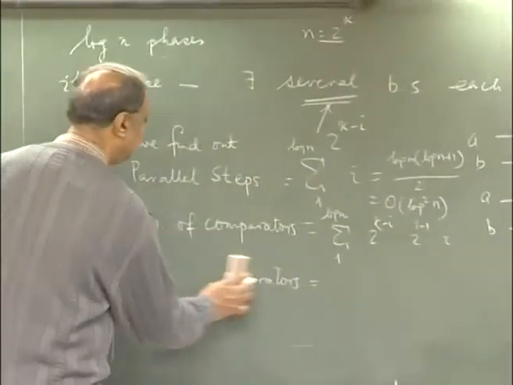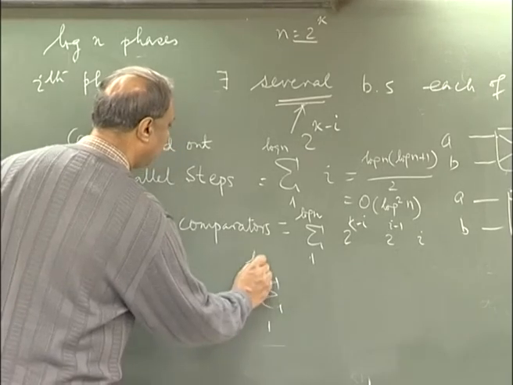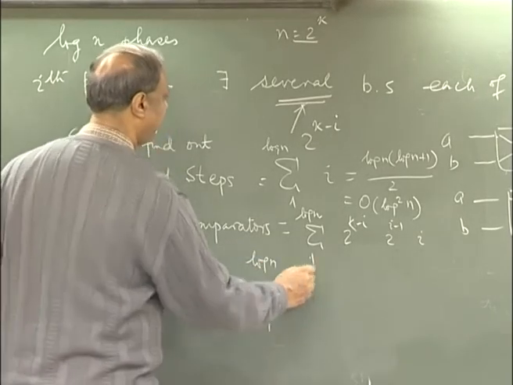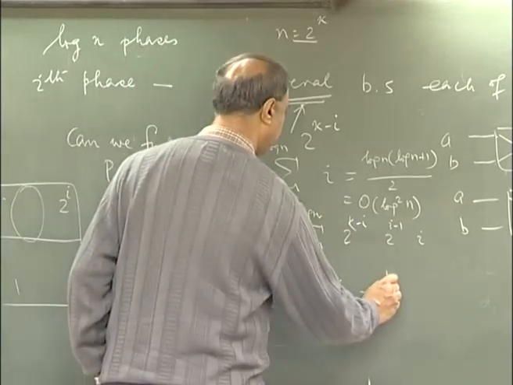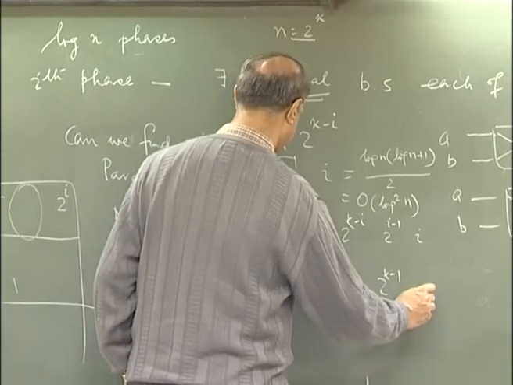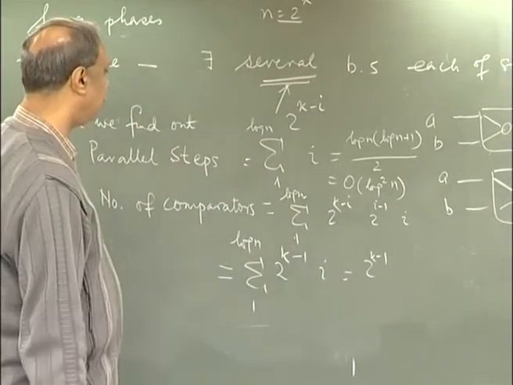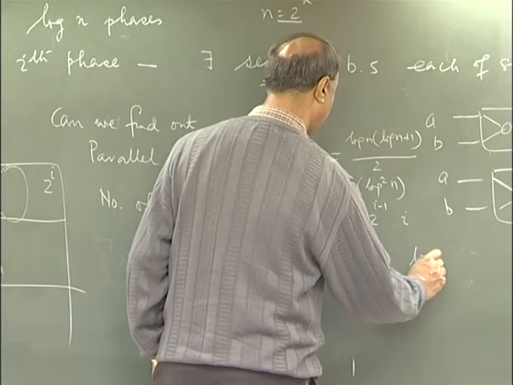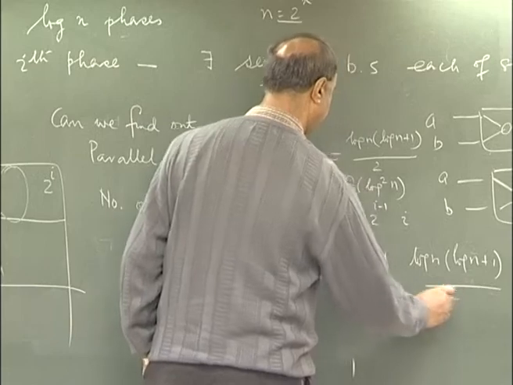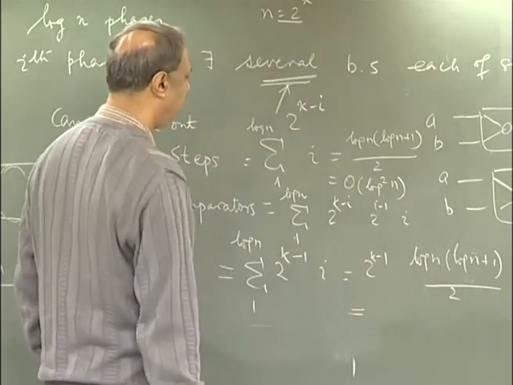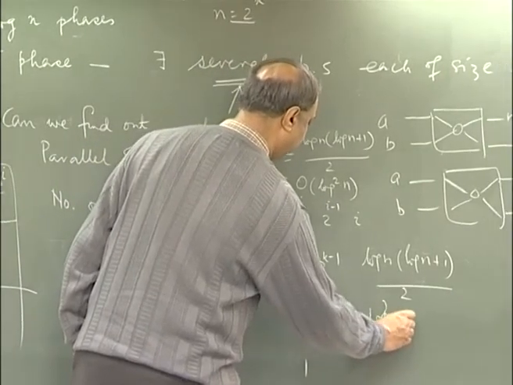If it is that, this becomes summation over i, 1 to log n, 2 to the power k minus 1 times i. 2 to the power k minus 1 goes out, and it is summation over i, which is log n into log n plus 1 upon 2, which is order n log square n.